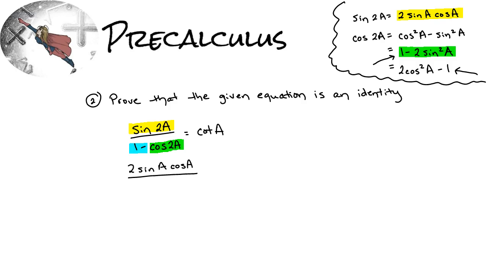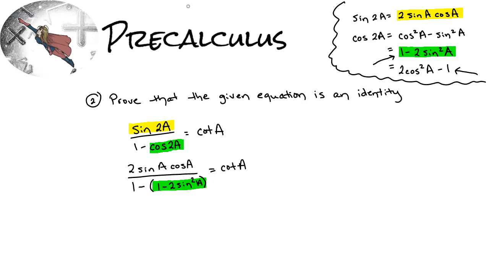So when I do that, I'm going to rewrite 1 minus, and then in parentheses, that middle version, 1 minus 2 sine squared of a, and then the other side, cotangent a, we're not touching. Let me just change the highlighting here so that you can see exactly what got replaced.